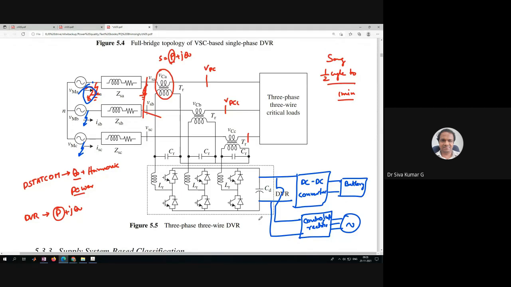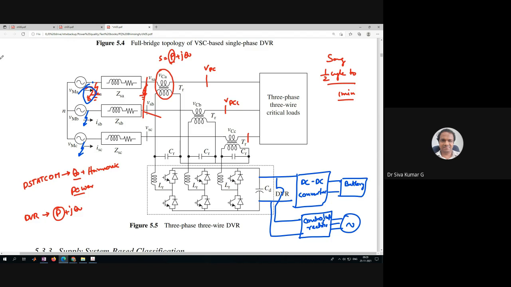But in validating the topology, I'm talking about the simulation aspect. In terms of the simulation aspect, charging the capacitor from the source is not wrong. Why? Because our intention is to work out the performance of the DVR.